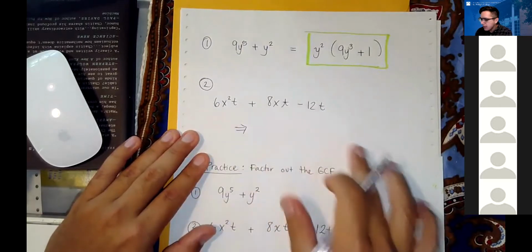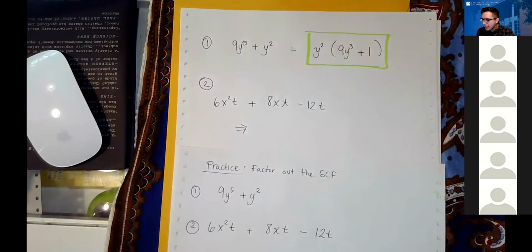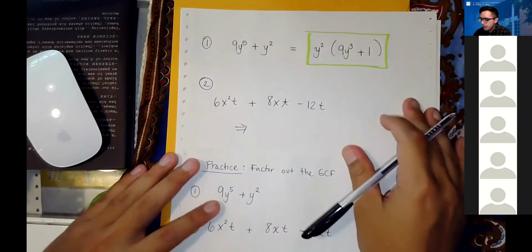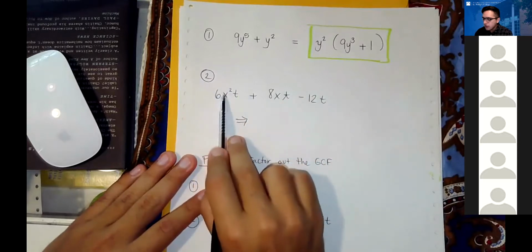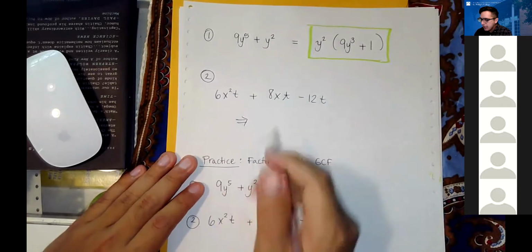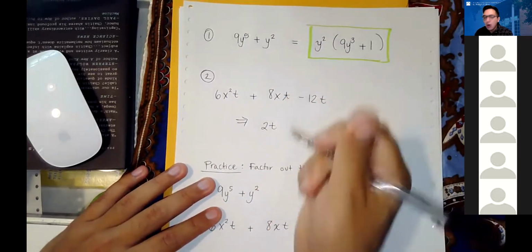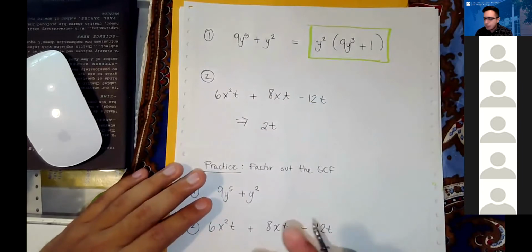And the first thing I might do is look at these terms and then examine that they all have a 2 in common at the very least. They don't all have x's, but they also all have t's. So I go through each of the terms, the numeric, and then each of the variable factors. And the GCF in this case is going to be 2t, since all of them have a factor of 2t.